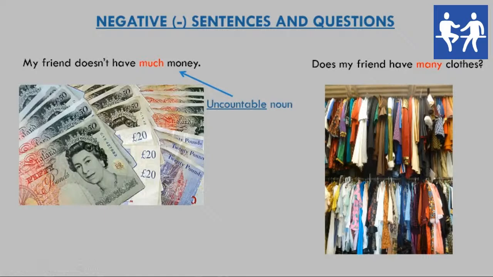Yes, money is an uncountable noun. Clothes is a countable noun. So much for an uncountable noun, many for a countable noun, when your sentence is negative or a question.